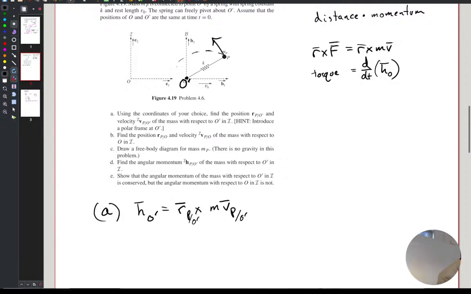The closer it gets in, the faster it moves, so it'll go around in some kind of ellipse path. Its radius is changing and its angle is changing. If we knew the radius as a function of time and the angle as a function of time, we could plot it out, but right now we don't know that. We're just trying to figure out how to relate things.